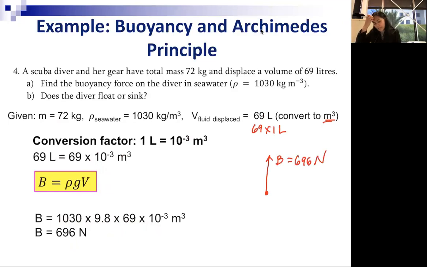The next question asks, does the diver float or sink? Do you think the diver will float or will the diver sink? What other force do I need to draw in my free body diagram? This is the free body diagram of the diver.